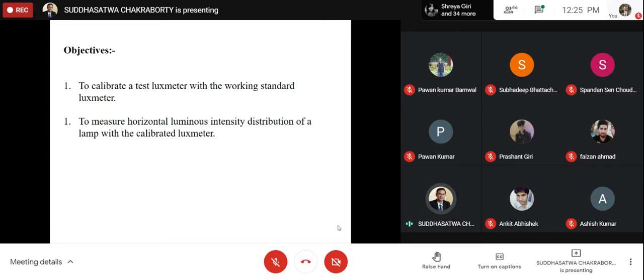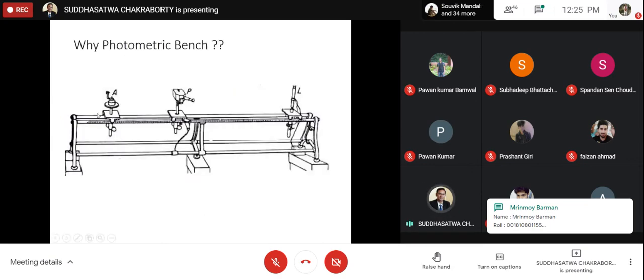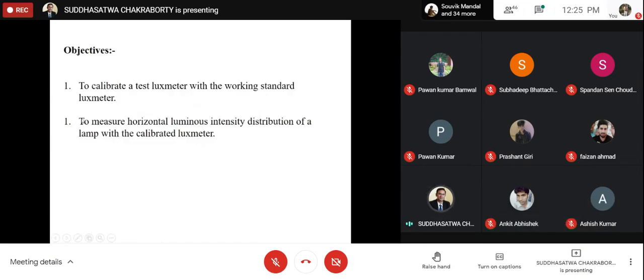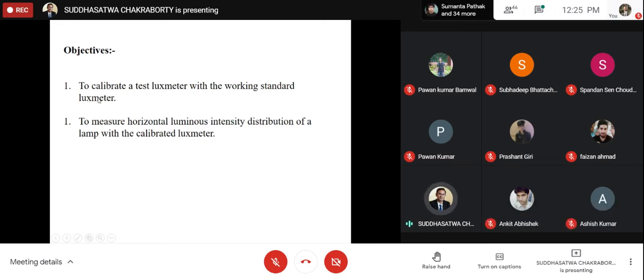Number two, to measure the horizontal luminous intensity distribution of a lamp with a calibrated lux meter. This is the prime objective of this experiment, but the calibration of the lux meter is an inherent part of all measurements.